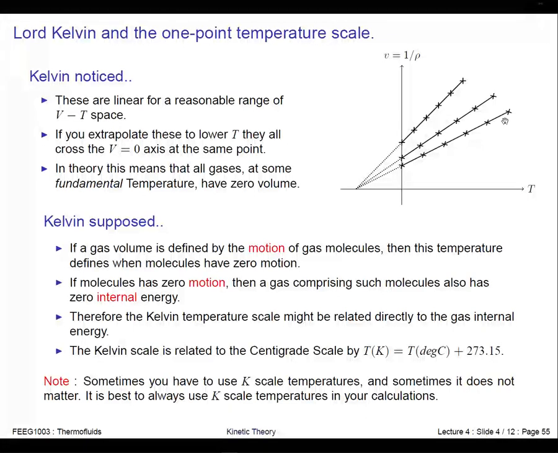And if you extrapolate the linear part all the way down, all of these gases crossed the V equals 0 axis at a certain temperature. So he made the observation that at a certain magical temperature, all of these gases theoretically have 0 volume.